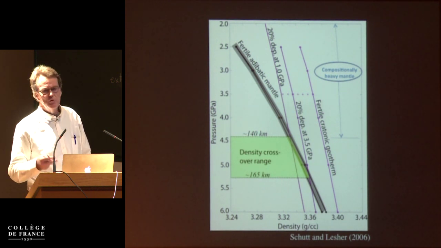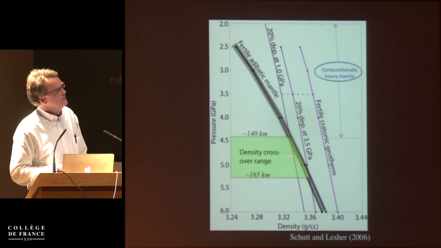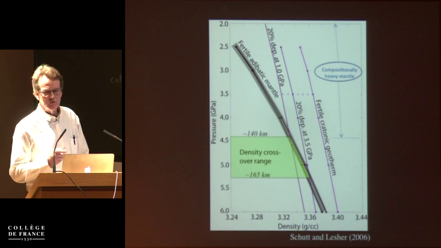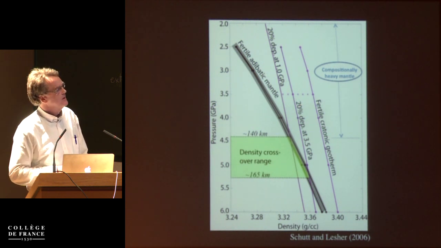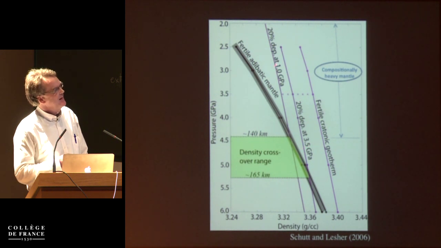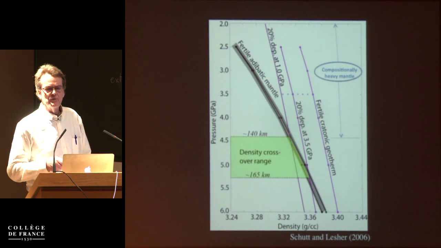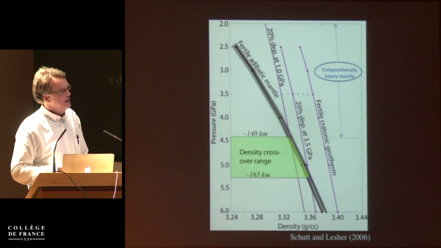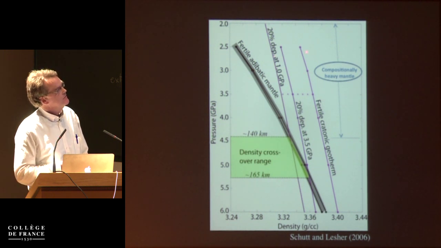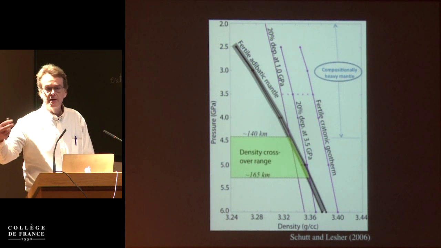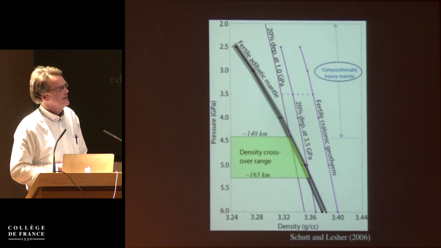And I'm just showing you two other examples. If you were to melt a pyrolite mantle at 3.5 GPa by 20%, this is a real rock that you're melting, and then determine what its density relations would be along that continental geotherm, we'd have this curve here, and then this one to the left here would be 20% melting if you were to melt that lithology at 1%.